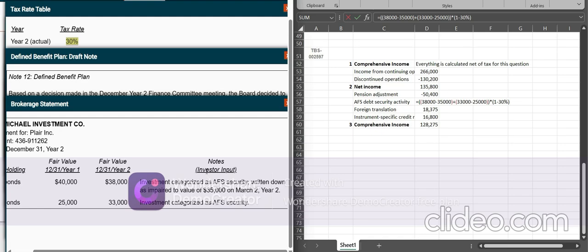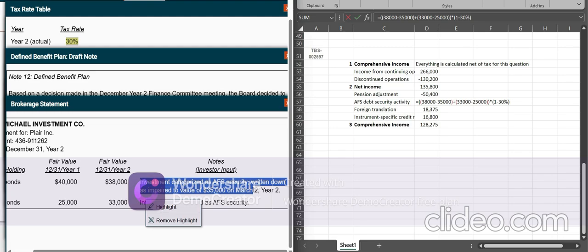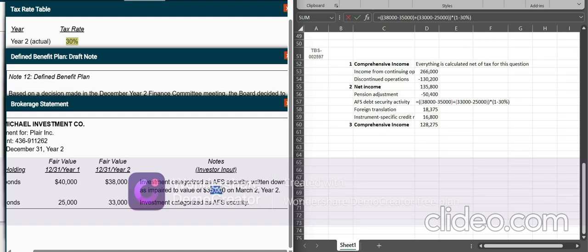In the note of investor input, we can see that the investment category is AFS security, written down as impairment to a value of $35,000 on March 2, year 2. So we have to record the change of $35,000 to $38,000. You may be thinking, why will we not record the change from $40,000 to $38,000?